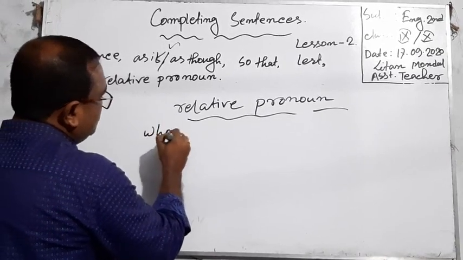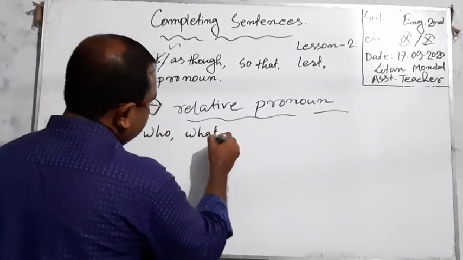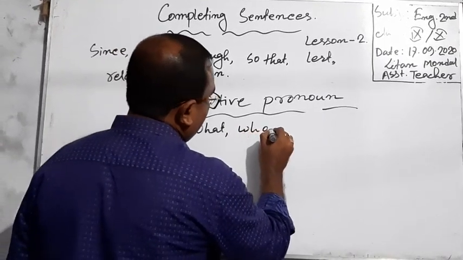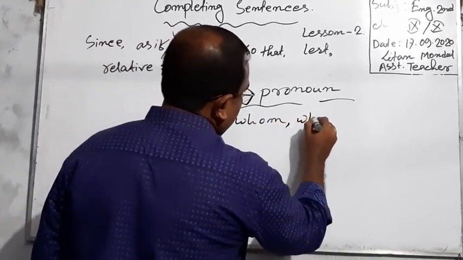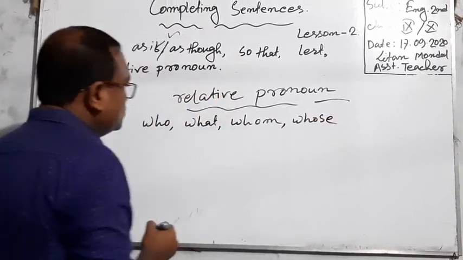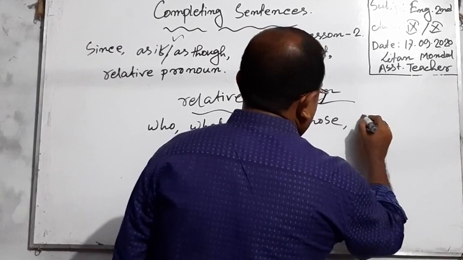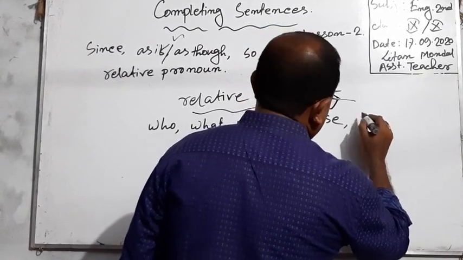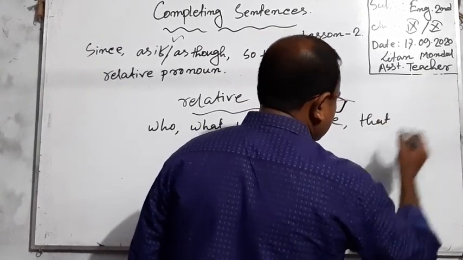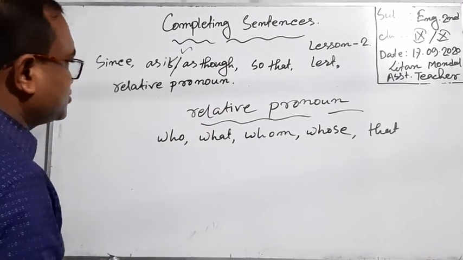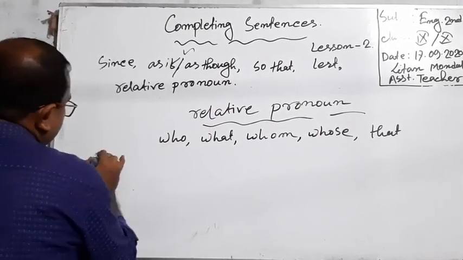This is who, what, whom, which, that, yeah, etc. Now we will see the structure for relative pronoun.